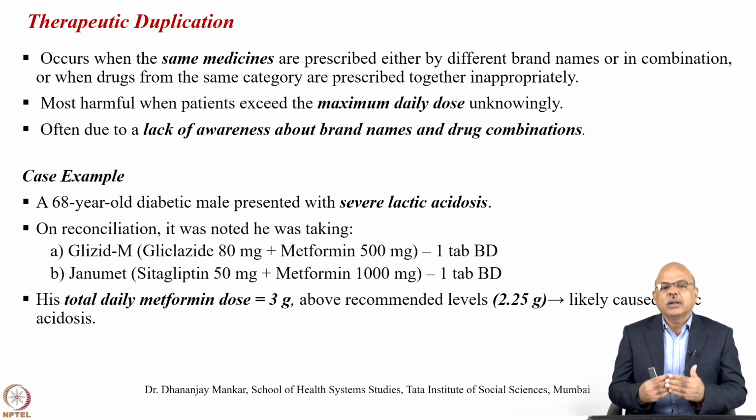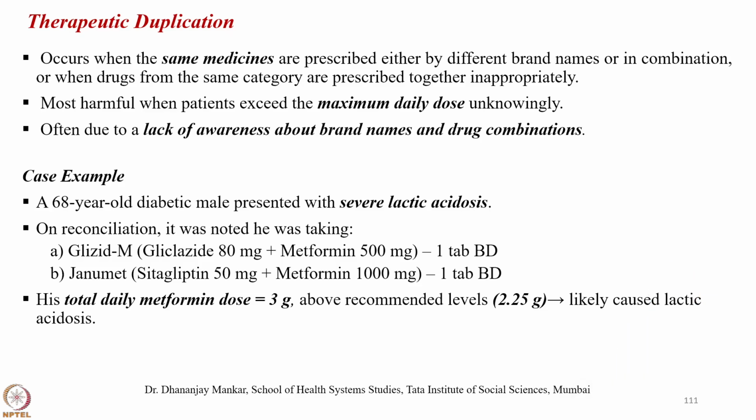So you can see that the metformin was given in double and exceeded the requirement of the patient. So his total daily dose of metformin is equal to 3 grams.